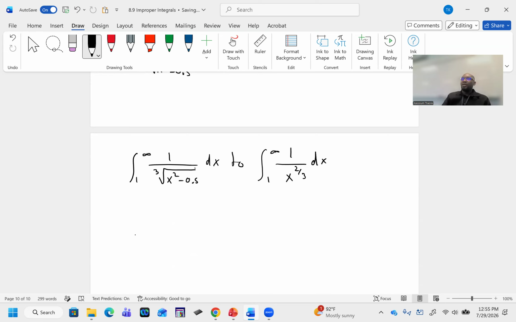So you can see we just need to show whether this one diverges or converges, right?